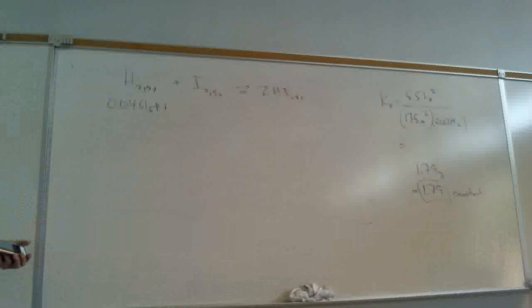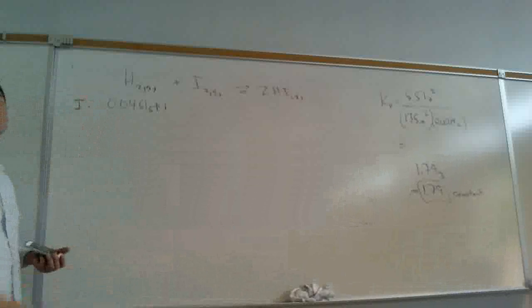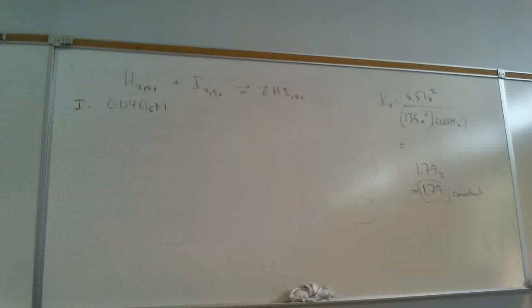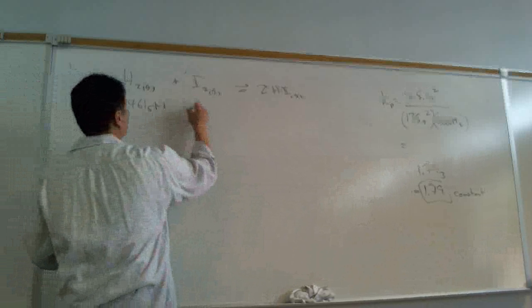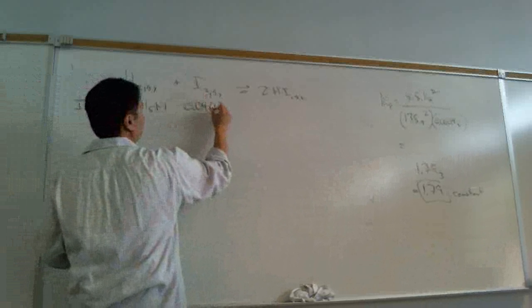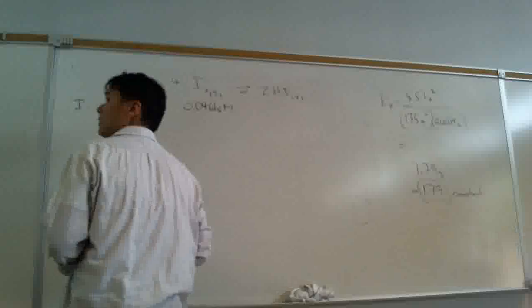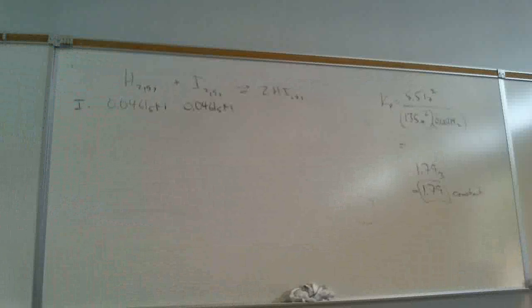Carry one extra digit. So this is my initial concentration of hydrogen. And the same thing with iodine: 0.15 over 3.25 liters, so it's 0.04615 molar. How about my initial concentration of HI?